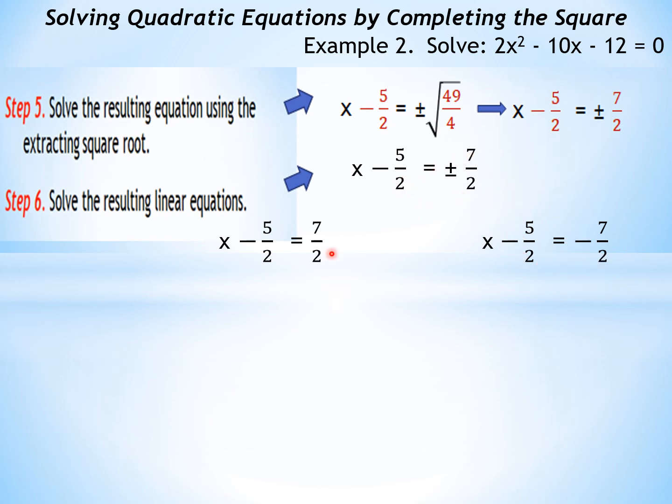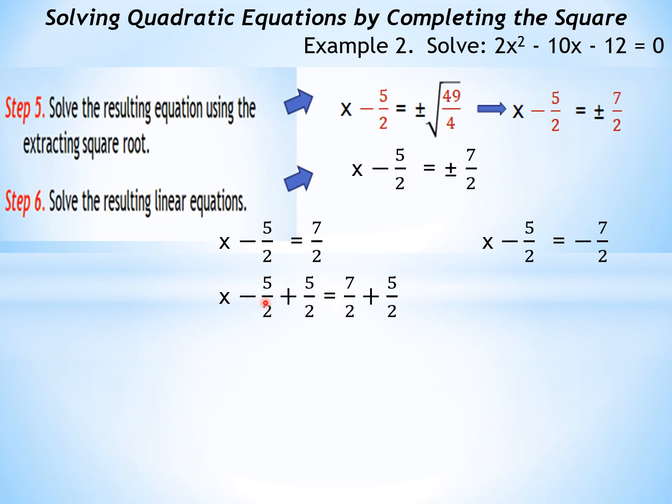So, pinaghiwalay natin para magkaroon tayo ng dalawang linear equations. Ngayon, paano natin i-isolate si x? Dapat wala siyang kasama. So, using the addition property, mag-add tayo ng 5 halves to both sides of the equation. So, ito, wala na, kasi yung isa minus, yung isa plus.